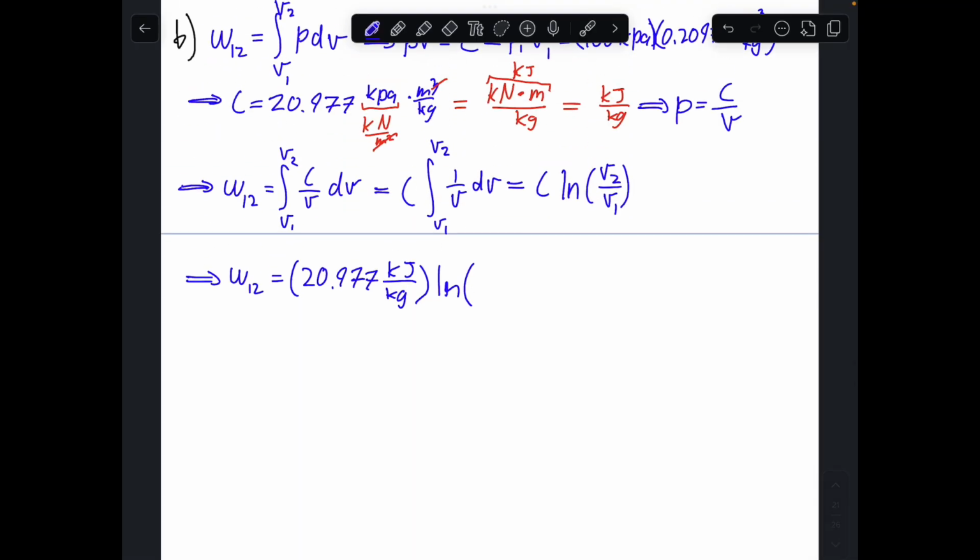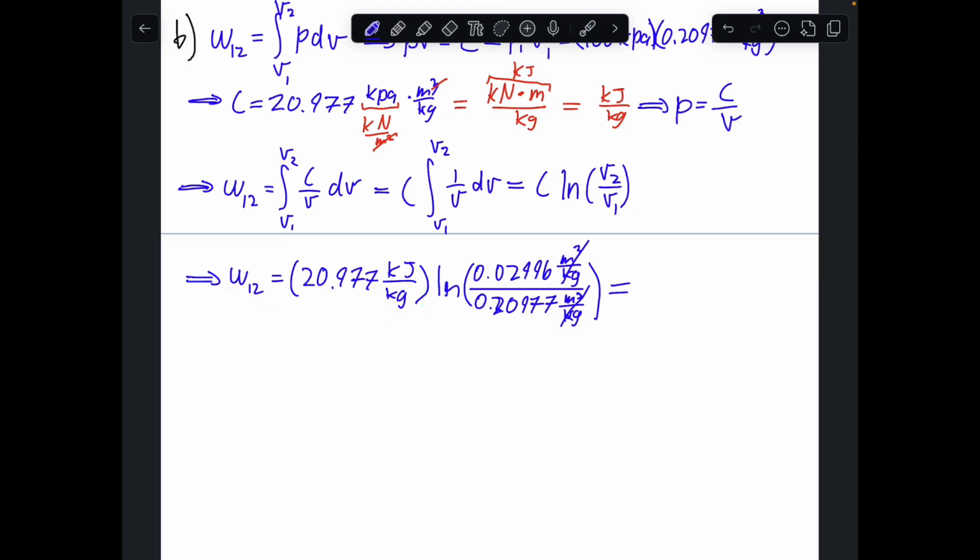So that ratio is 0.029966 meters cubed per kilogram, all divided by 0.20977 meters cubed per kilogram. And so these units here will cancel out, and we'll just get the final units, the units for specific work that we expect. So that checks out there.